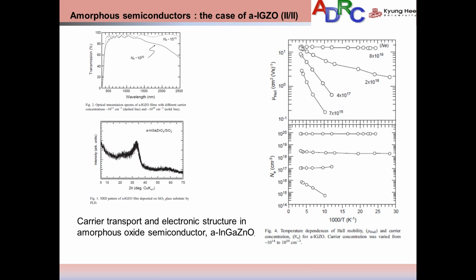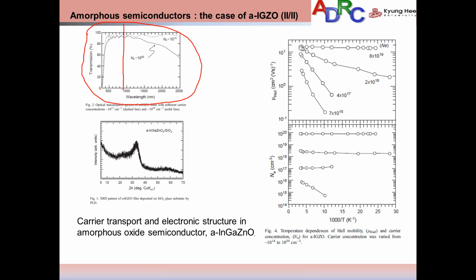The other characteristics, as I introduced before: the oxide semiconductor should be very transparent if you want to make flexible or flexible transparent TFTs. In the case of transmission over a wide range of wavelengths, the transparency is somehow not dependent in the visible region, from 400 to around 800 nanometers.